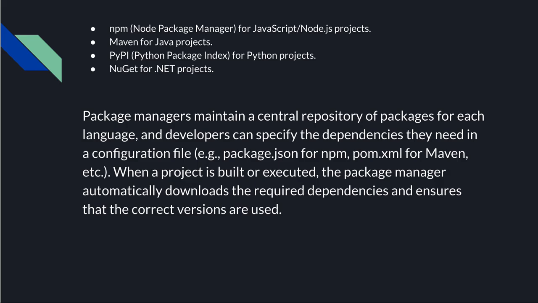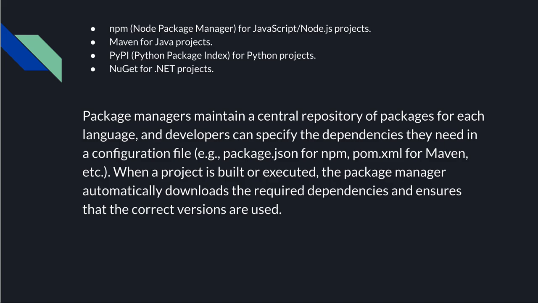Now, package managers maintain a central repository of packages for each language, and developers can specify the dependencies they need in a configuration file. For example, in case of NPM, you are going to use package.json, while in case of Maven, you are going to use the pom.xml file, where you define all your dependencies and the versions required by your application.